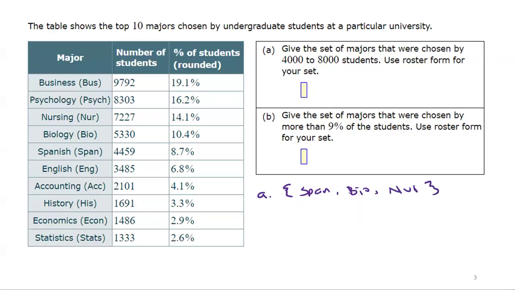Okay, so this is in roster form. And then B, we have biology, nursing, psychology, and then business. All right, any questions so far?